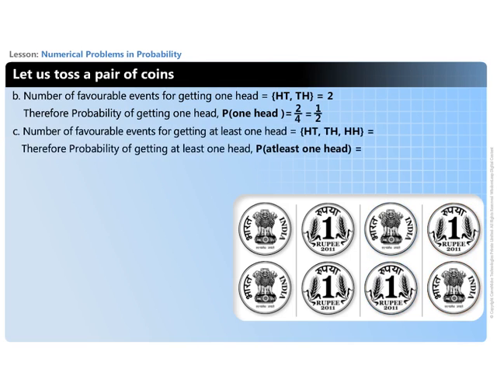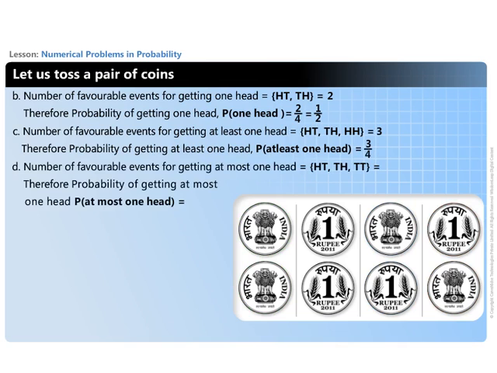The number of favorable events for getting at least 1 head, that is HT, TH, HH, is equal to 3. Therefore, the probability of getting at least 1 head is equal to 3 by 4. The number of favorable events for getting at most 1 head, that is HT, TH, TT, is equal to 3.